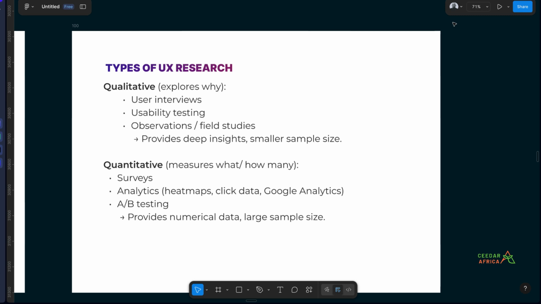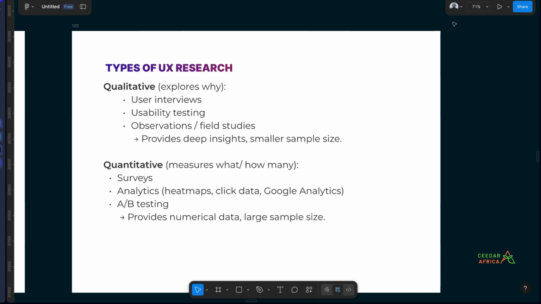The next category is analytics, heat maps, click data, Google Analytics. I want to be fast so that this tutorial doesn't take long. And then the next is A/B testing. We've talked about a couple of these in our previous lessons, so I don't want to waste much time on them.